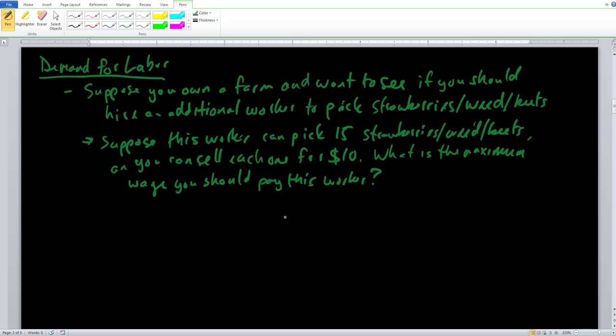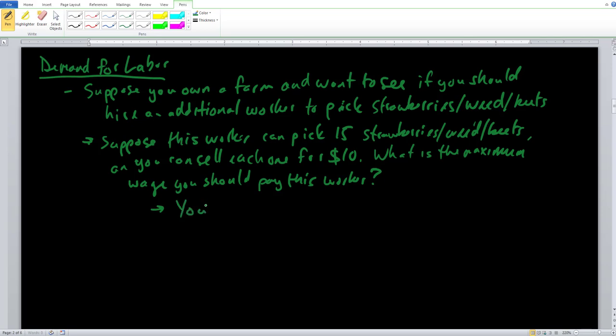The easiest way to answer this question is that you hire workers for what they are worth. How much value does this one worker bring to your farm? If he can pick 15 of these crops and you can sell each one for $10, that means the value he's bringing into your farm is $150, and that is the max wage you should pay this particular worker.